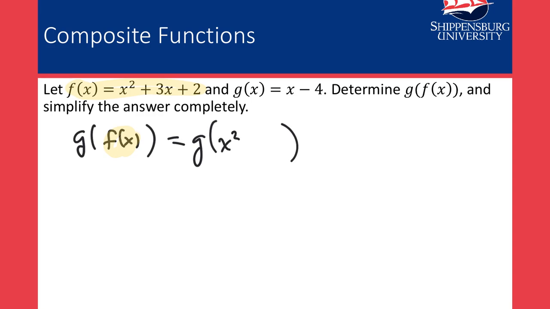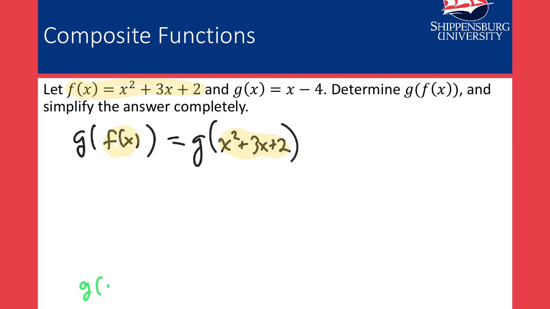So inside the parentheses, I'll have exactly what f of x is equal to. That looks awful because we now have a pile of stuff that we're putting into the g formula. So you might want to think about what you do with the g formula normally. That's not a terrible thing to think about.